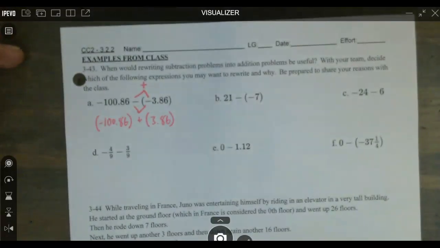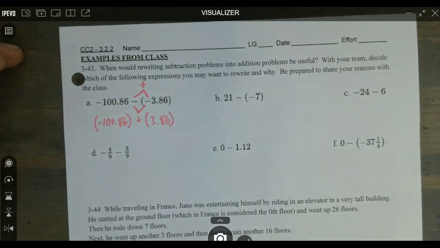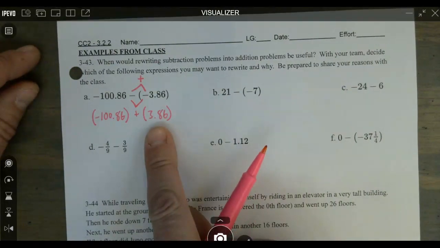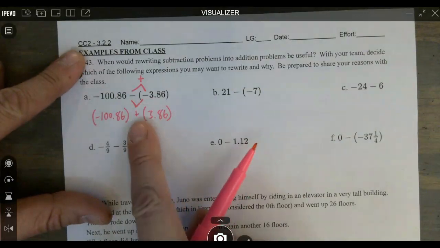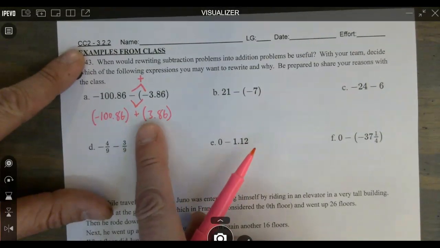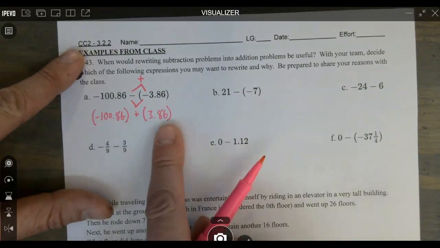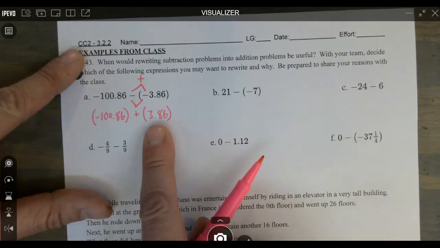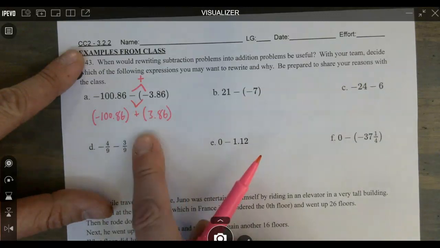I think we did this on Friday. Now that we've rewritten it and shown our work, there is a positive now. I know I put it in parentheses, but the negative's gone. You can put a positive in parentheses, that's allowed. So now what do we get?